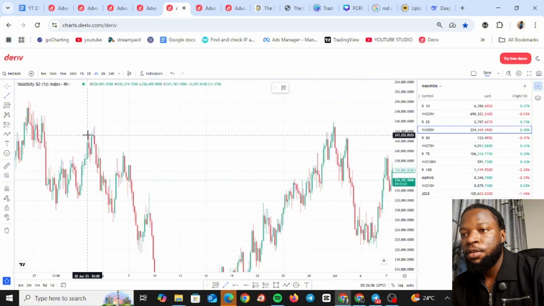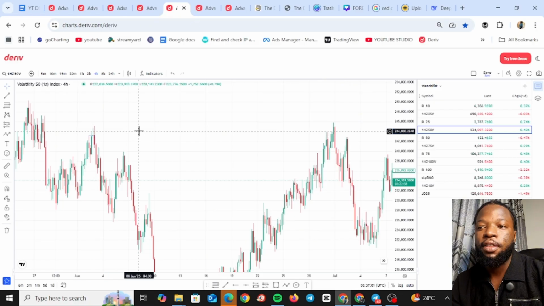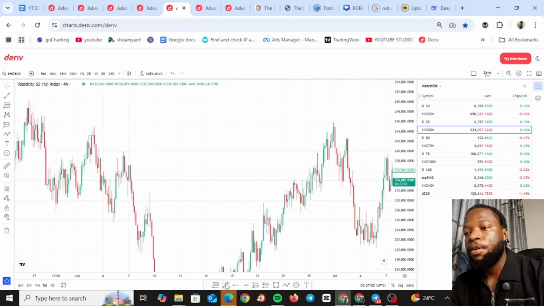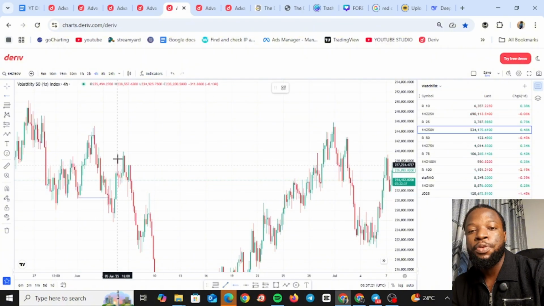It looks tiny because we are using the higher time frame, and then price breaks structure in the opposite direction. This is our sweep of liquidity, first break of structure, and then price retraces 50% to give us our second break of structure, which gives us our structural liquidity.